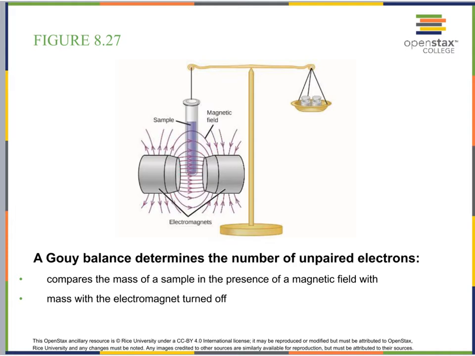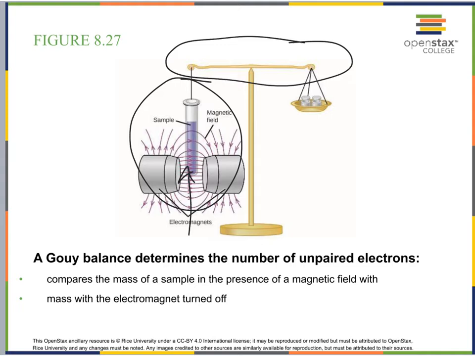In this balance, you've got the sample inside a test tube device hanging on a balance, and then you have some sort of counterweight on the other side that allows you to determine exactly how much force is being applied. This is just a picture of a way that you could do it. Most of them are electric in nature now.